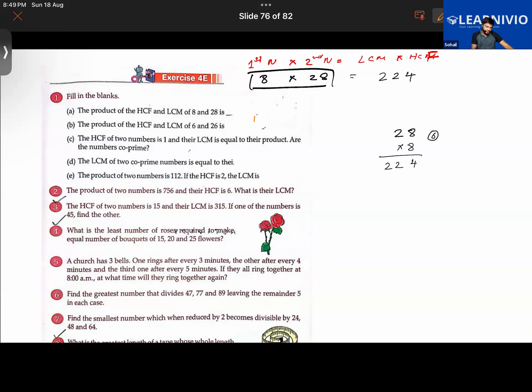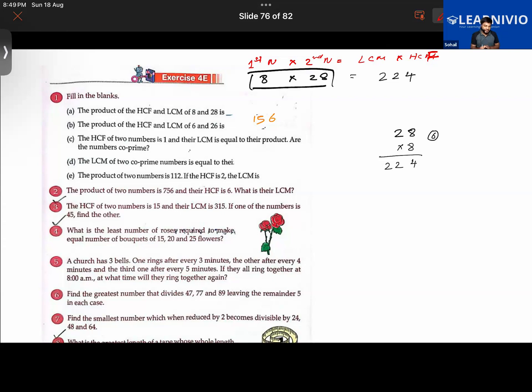Very good. So hope you have understood this. Have you actually understood this or not? Please let me know. Have you actually understood the concept or are you just nodding yes? Yes, I have understood. That's good. Okay.